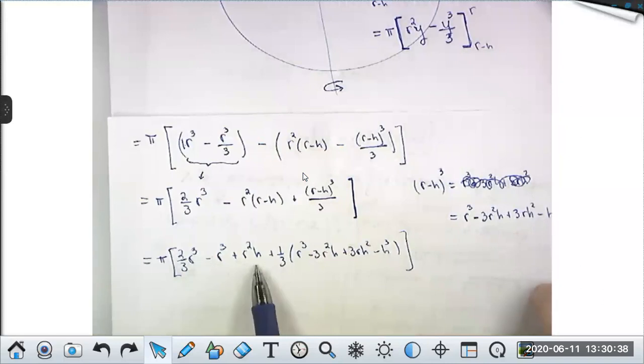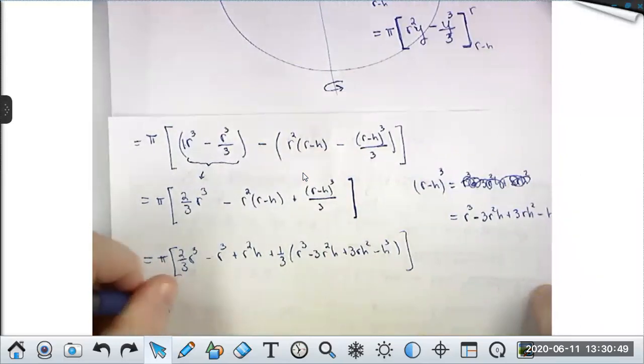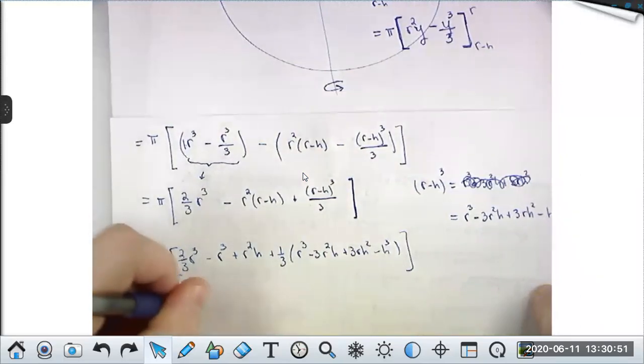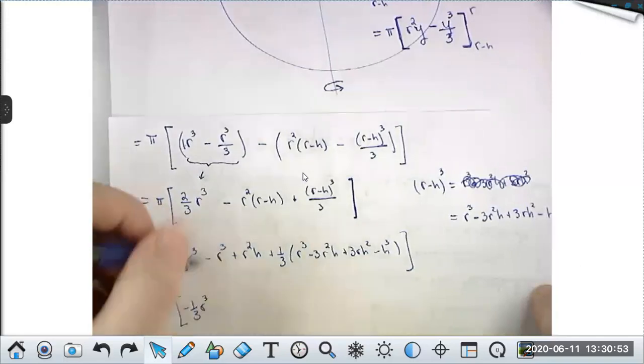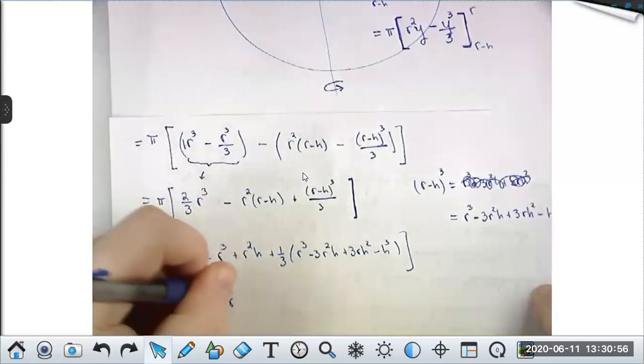There's the R squared h term. There will be some R cubed stuff, so it'd be negative 1/3 R cubed, plus, oh boy, there's a lot of other stuff.